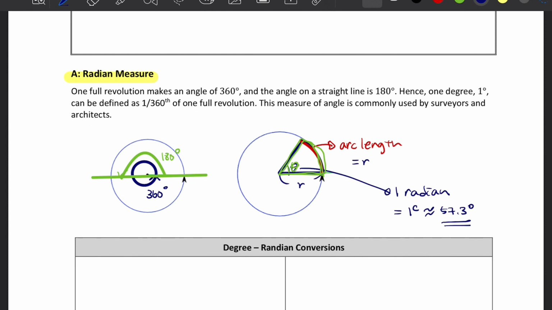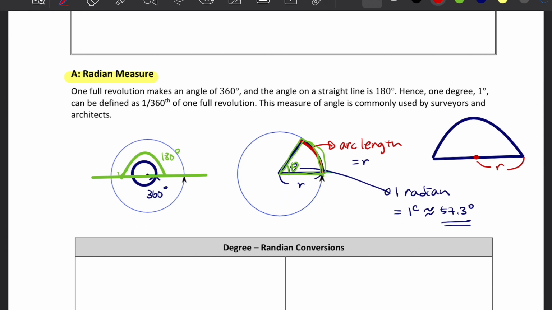So let's say we have a semicircle with its center here, and r is its radius.